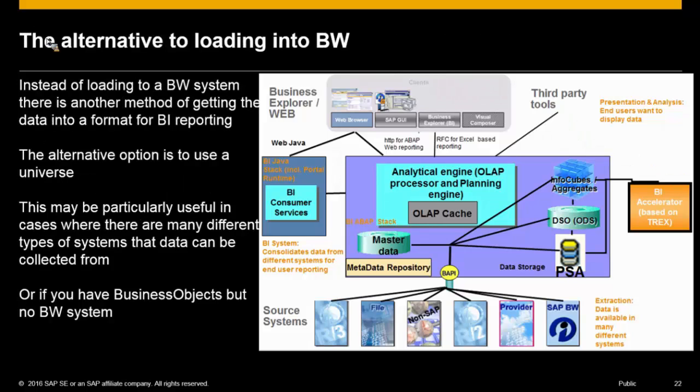Or there is another option. This is to use what we call a universe. This may be particularly useful if you have no BW system but you use Business Objects, or in cases where you have many different types of systems that you want to collect data from.